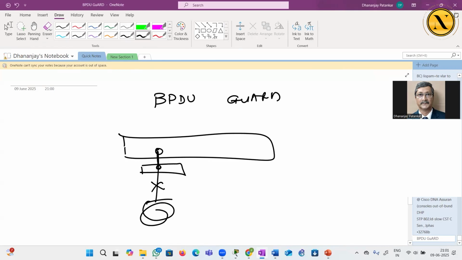Got it? And he sets switch port mode trunk here, and then he connects his laptop here, and he has got Wireshark, a software.